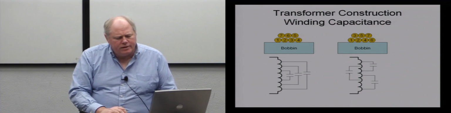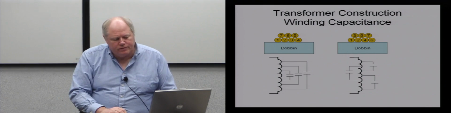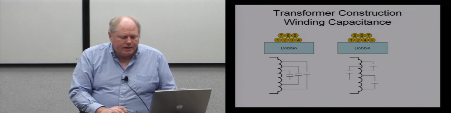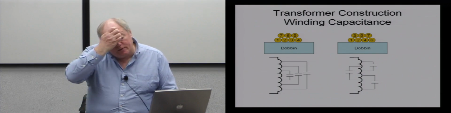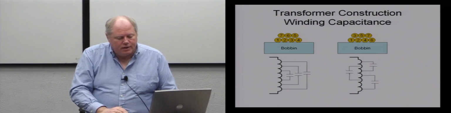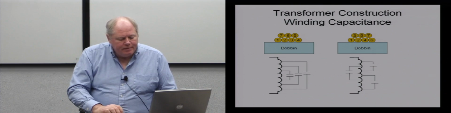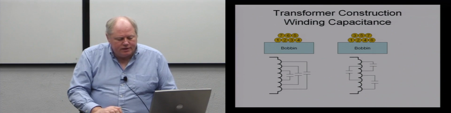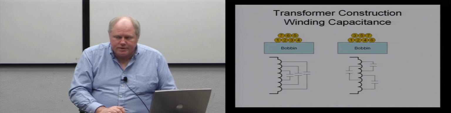So if you wind it the way it's shown on the right side, where you do 2 turns and then 1 on top and then another one further over, that would be harder to wind. But then you get the capacitance structure that's shown on the right side, where you have capacitors that straddle a couple of turns, but the entire voltage of the transformer isn't going through one capacitor.